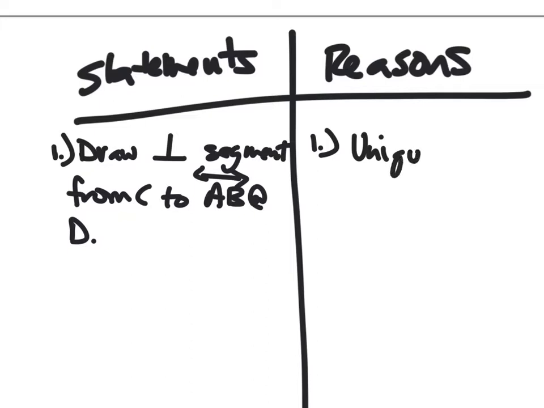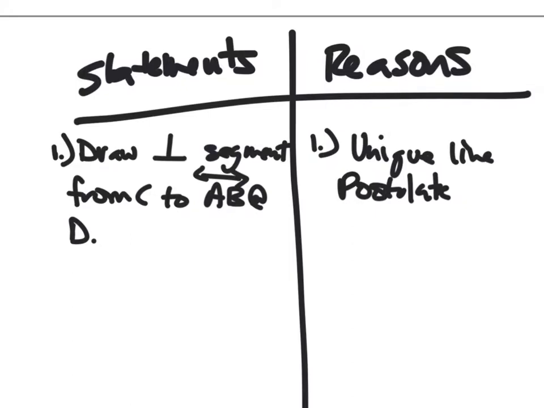When I say the unique line postulate, basically what I'm doing is just creating lines. So when I draw that segment in there, I can just do that. If I draw a perpendicular segment in there, then that's what we get.